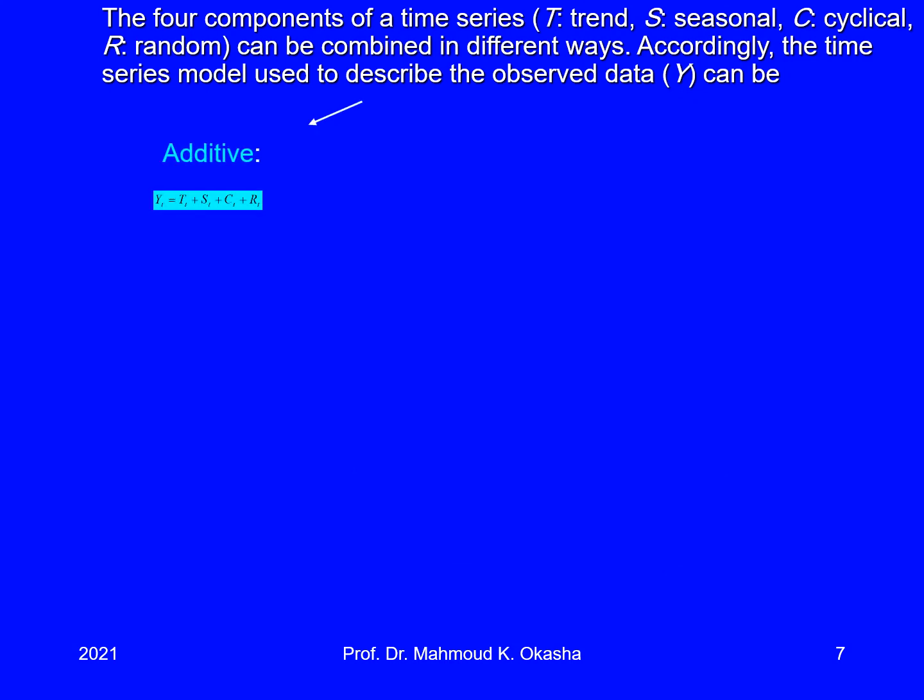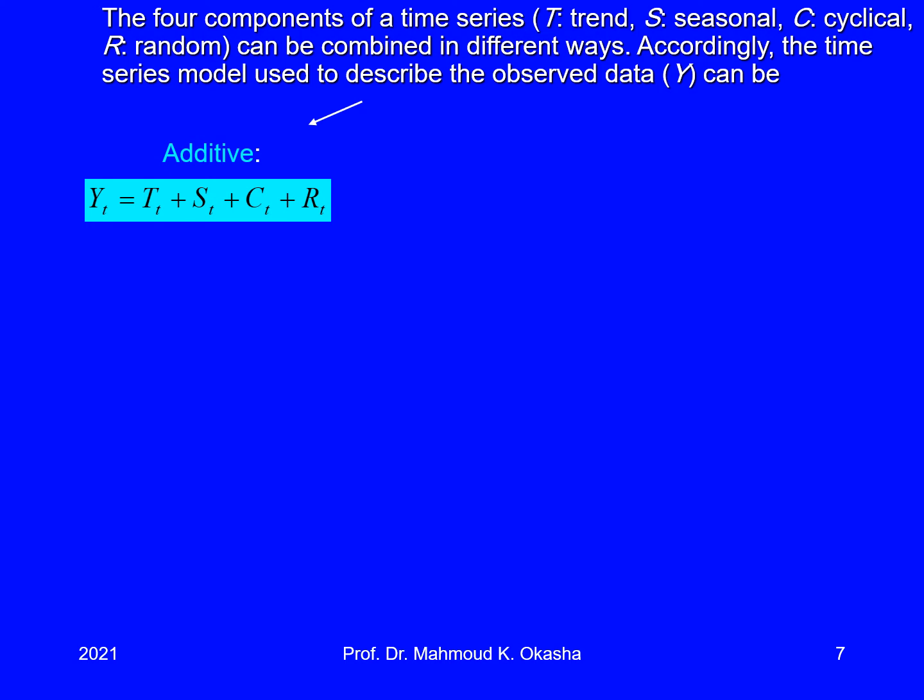So we have, as we mentioned, four components, including the random variation. And as we mentioned, any time series contains at least one of these components. It can contain all of them or only one or two of them. How do the components relate to each other in order to make the time series itself?